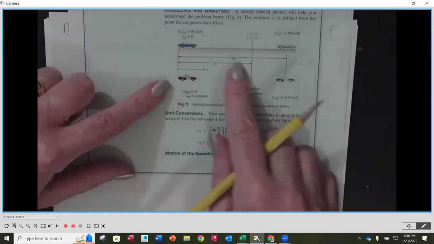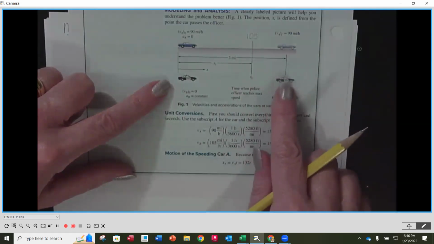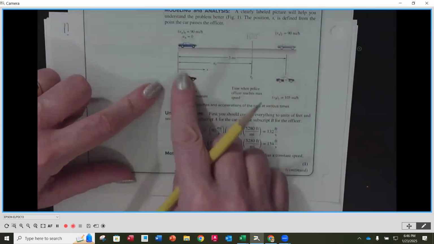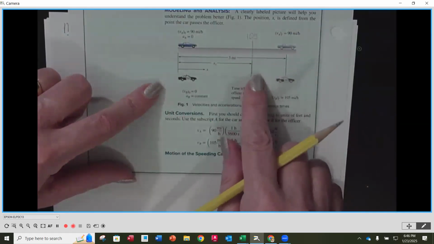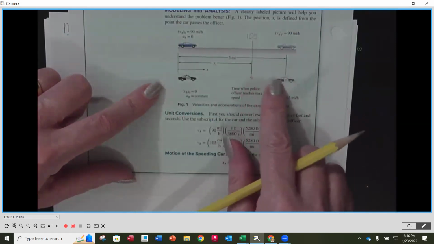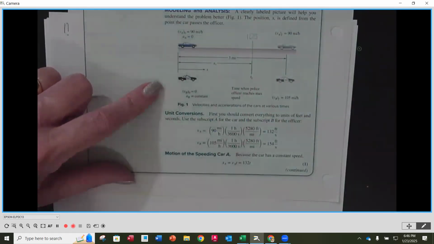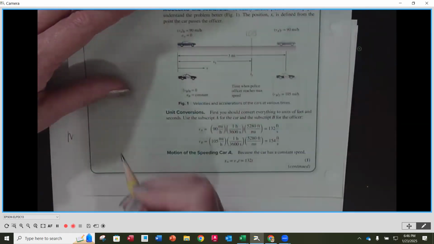And then we already know the overall distance is 3, but at that point, they're going to catch up to one another. So we're going to look first at when we are in this constant acceleration phase. And then we're going to look separately at when we are in the constant velocity phase, because this is when he stops accelerating, and he's going to coast, if you would, at the 105 all the way to when he catches up.